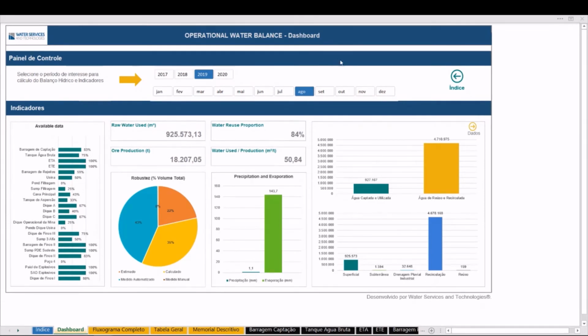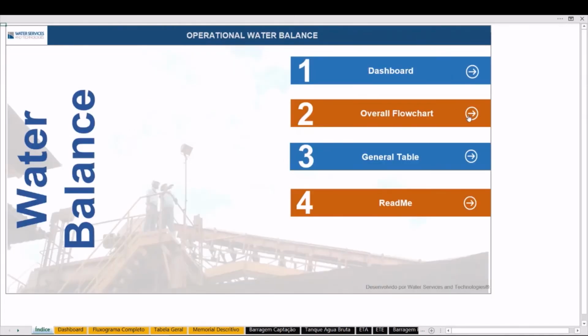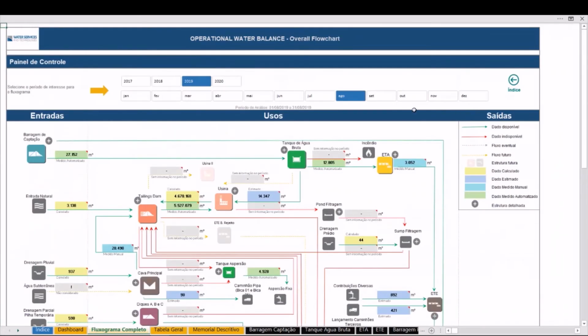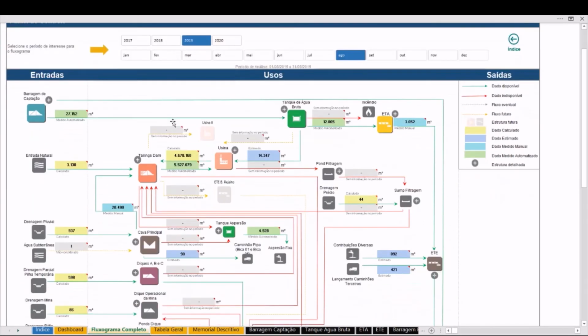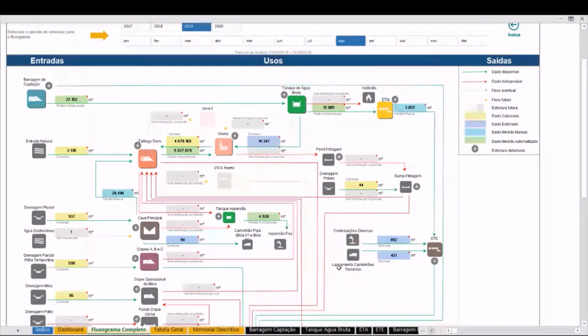So if we go back to the index, and then we go to the overall flow chart. So here we have a flow chart of all the structures we have in this mining complex and all the water fluxes, all the water circuit, and the red lines represent data that are not available. Green line represents data that is available.